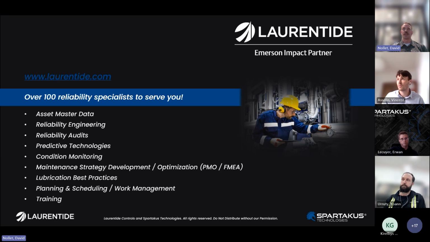So there were a couple of reliability products, like some of you may be familiar with things like the CSI 2140 vibration analyzer, which is an Emerson product. So that was kind of one of the products that led Laurentide down the path of reliability. But we've grown our team to be quite large. We've got over 100 reliability specialists, I think is accurate at this point.